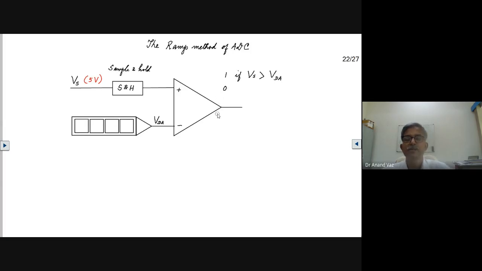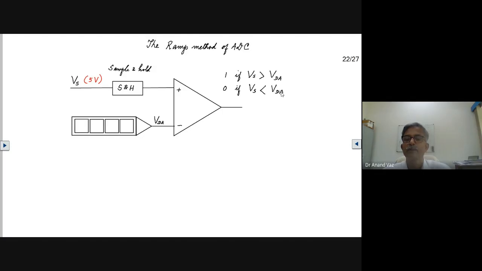Otherwise it saturates towards the lower side, and we say that it is a low signal, that is, if VS is less than VDA.